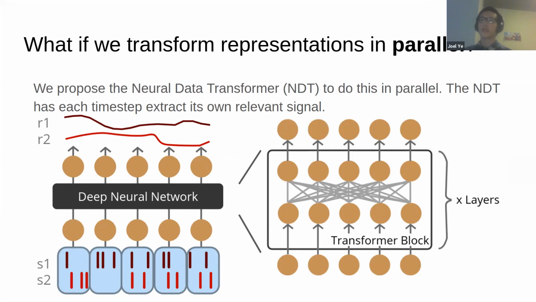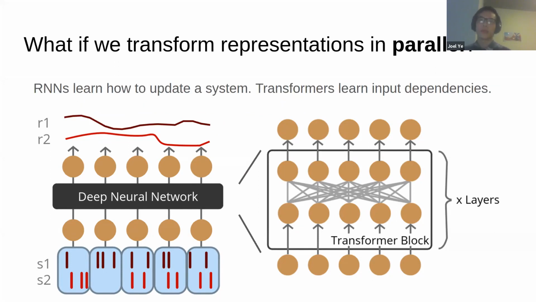The neural data transformer essentially has these transformer blocks stacked on top of each other for L layers. And inside each of these transformer blocks, our fed-in features are extracting the information they need from every other feature. And it learns how to do this through something called a self-attention mechanism, but the details of which I won't go into here.